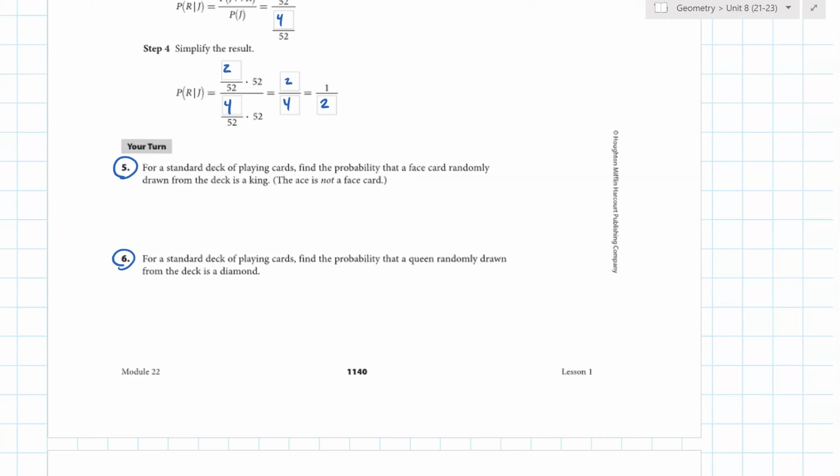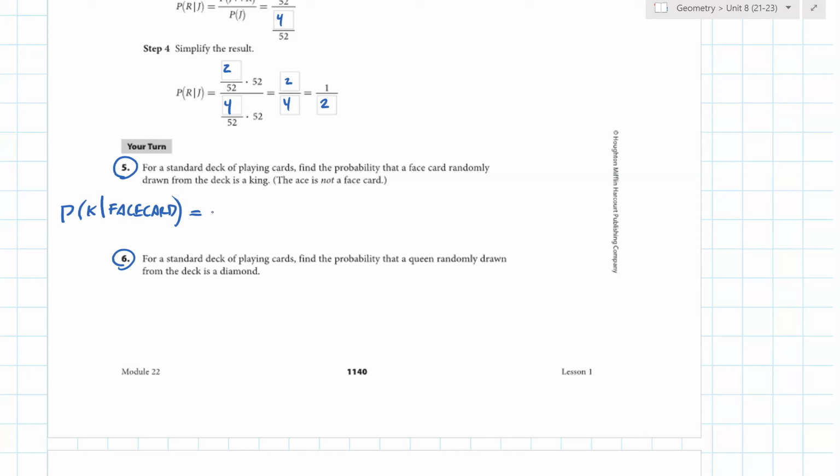Okay, so for problem 5, we're trying to calculate the probability that we get a king given that it's a face card. So king given face card. If it's given that it's a face card, we know that there are only 12 face cards in the deck. We've got jacks, queens, and kings, and there are 4 of each.